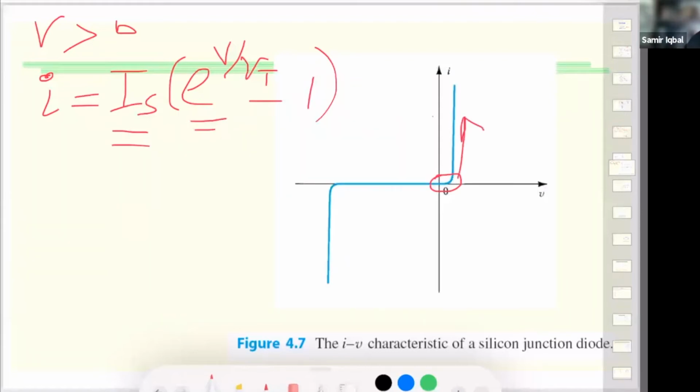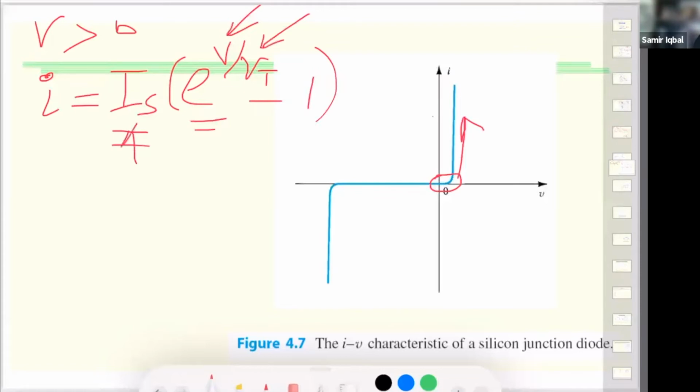And in this exponential part, this is the applied voltage, and this is what we call the threshold voltage. The threshold voltage is a constant for diodes. Sorry, the threshold voltage is dependent only on temperature.